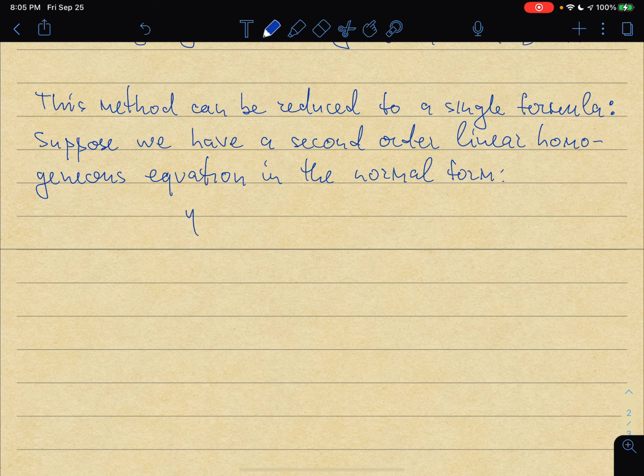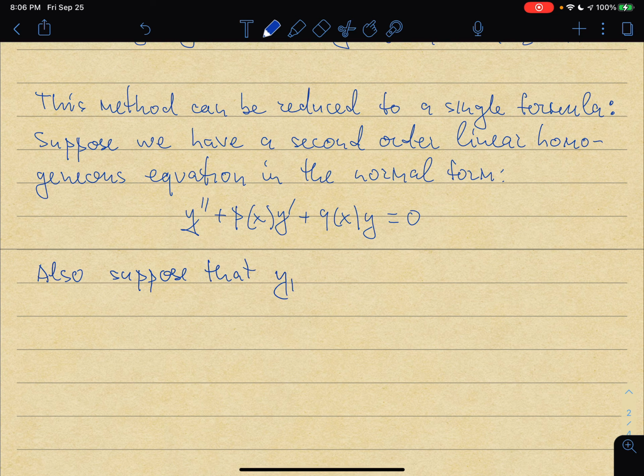That is, the equation looks like y double prime plus p of x y prime plus q of x y equal to 0. Also suppose that y1 is a solution of this ODE.